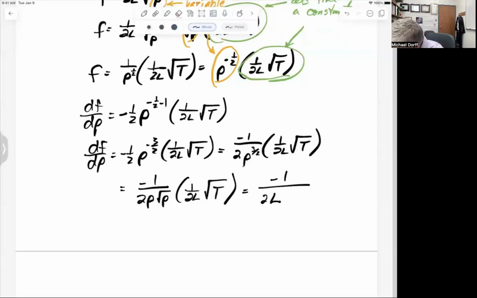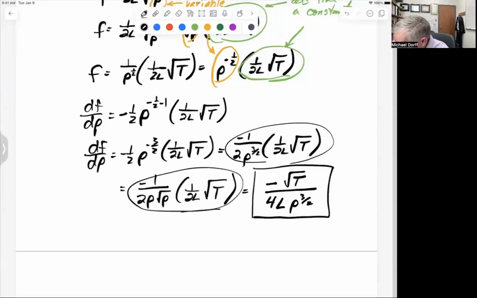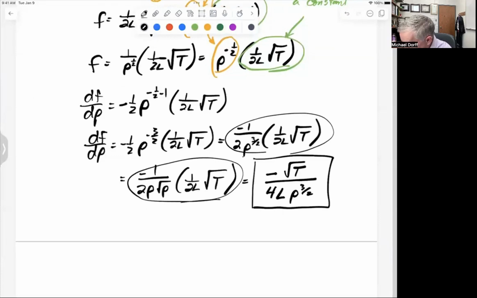Let me step back for a second here. I'm going to have a negative square root of T in the numerator, and then I could have a 4L times rho to the 3/2 power. This is probably the nice way to write that. But this way is okay, and this way is okay also. I've seen those answers like that. So that's just doing the calculus here.